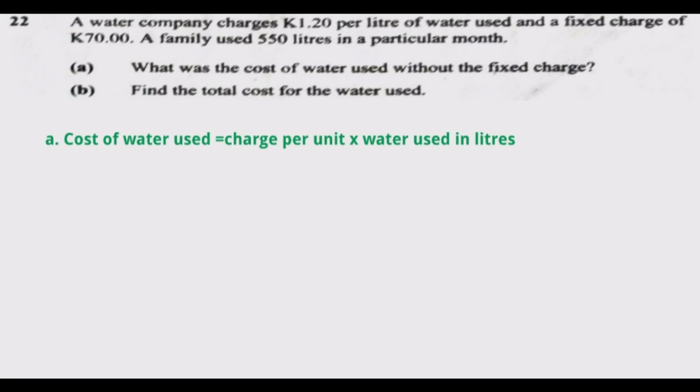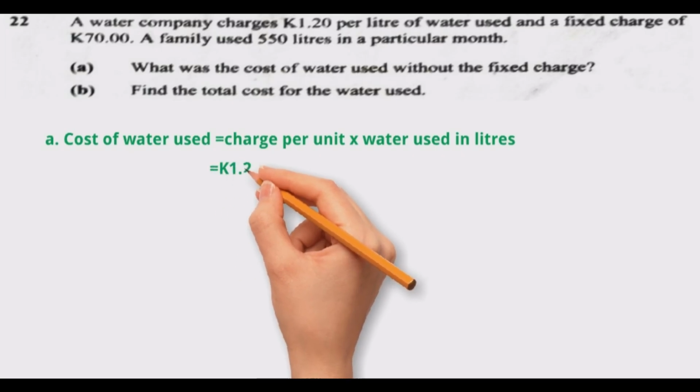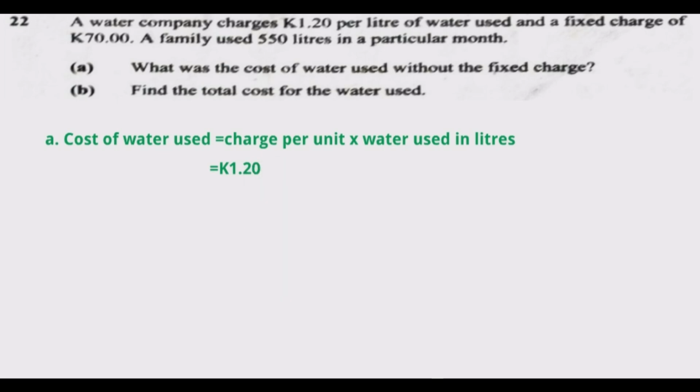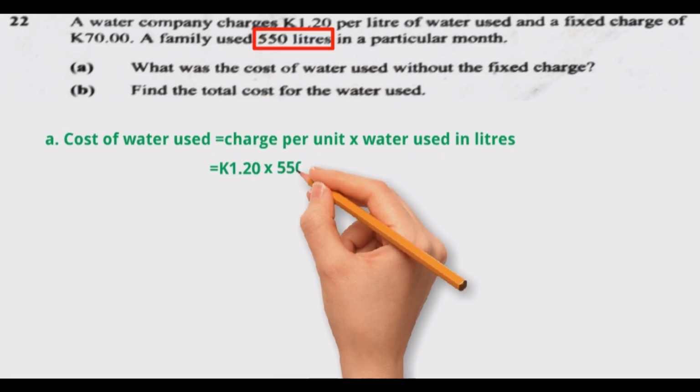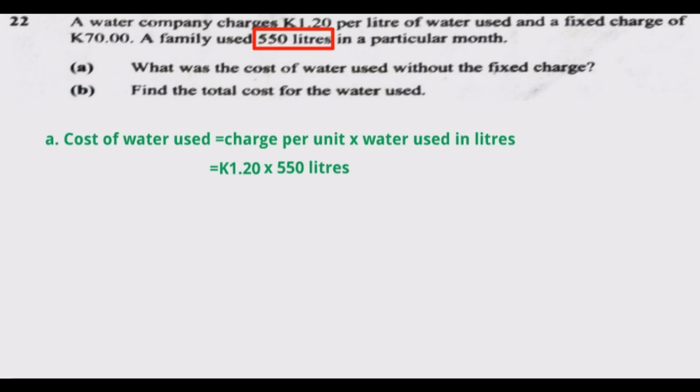We're told per liter, that is 1 kwacha 20 ngwe. So we write 1 kwacha 20 ngwe times water used in liters. We're told the family used 550 liters, so times 550 liters.